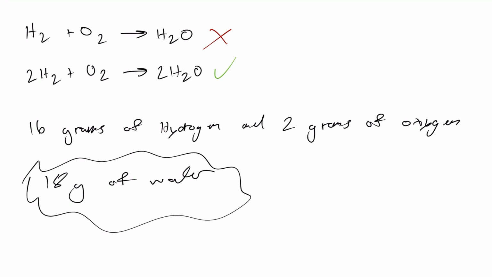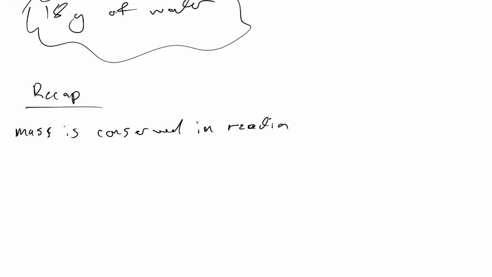So if we were to quickly recap, we can say that with the law of conservation of mass, mass is conserved in a chemical reaction. What you have in the reactants, you have in the products.